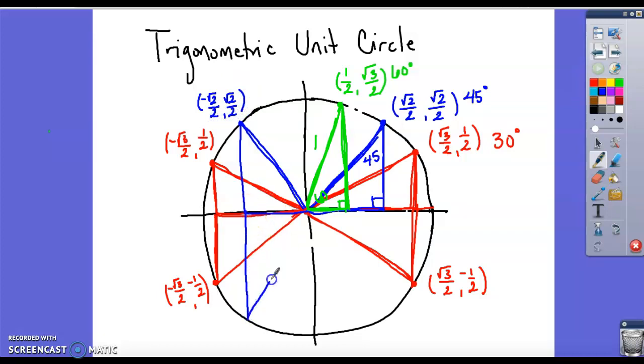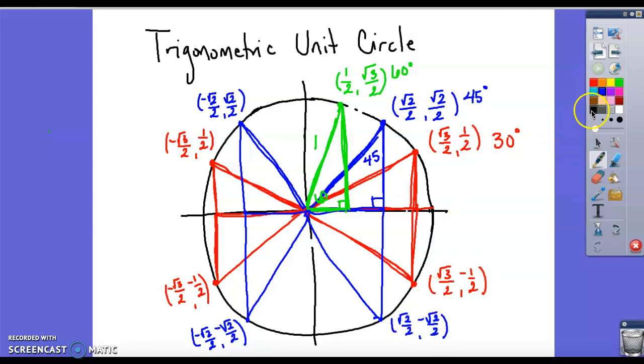Same thing here: the x value is negative and the y value is also negative, and then same thing: my x value is positive and my y value is negative.